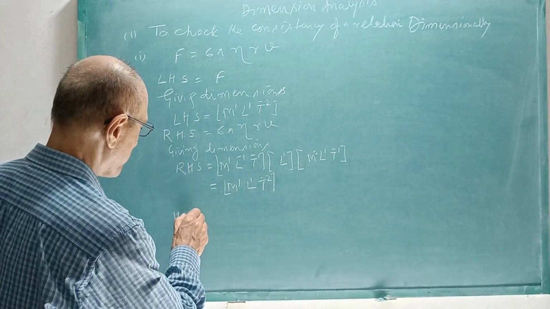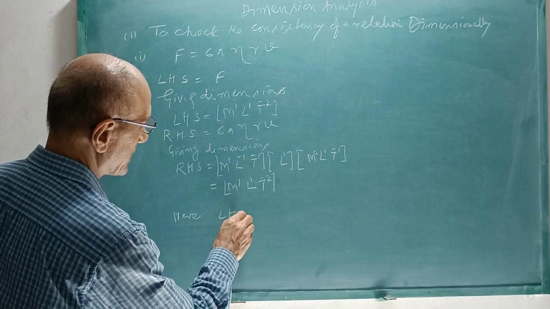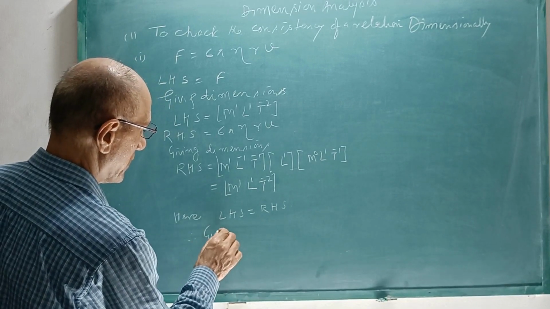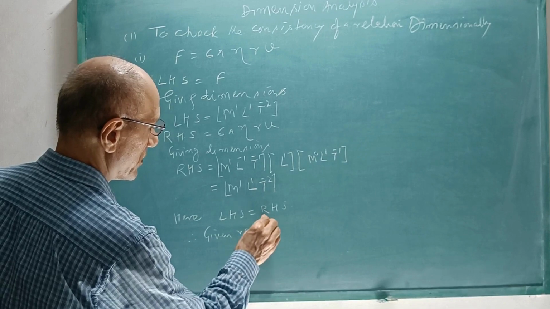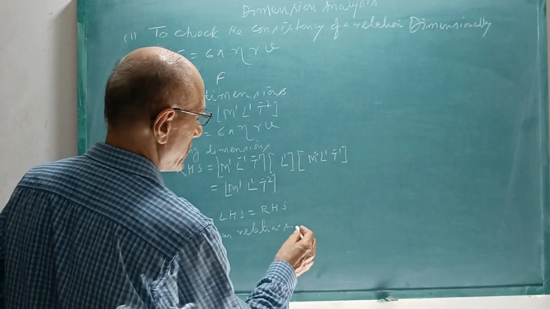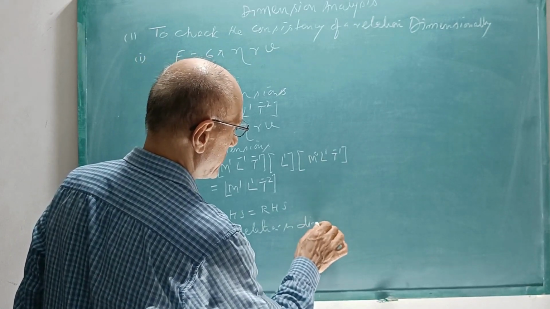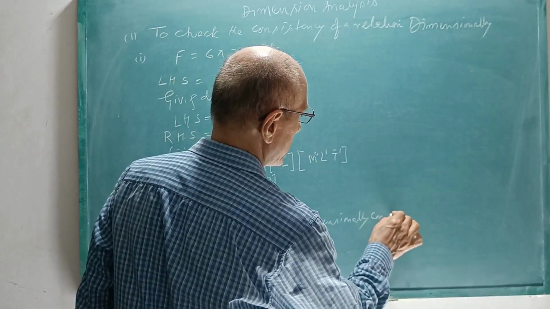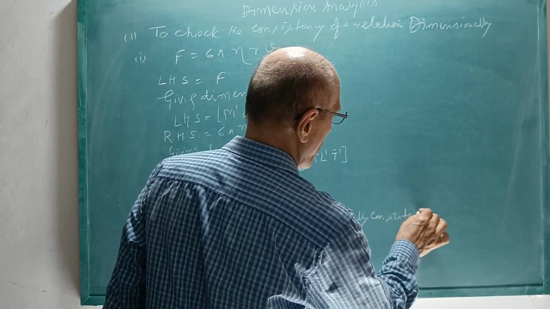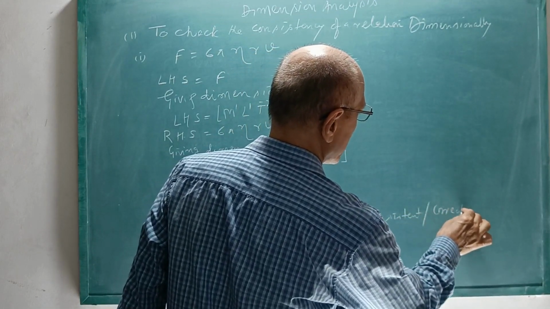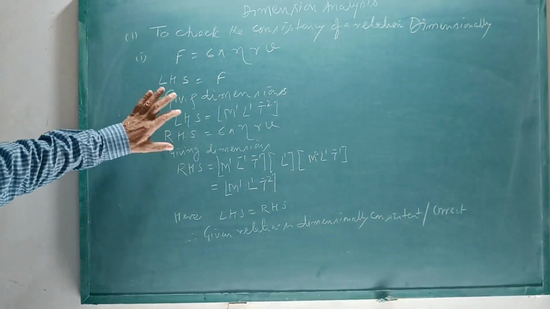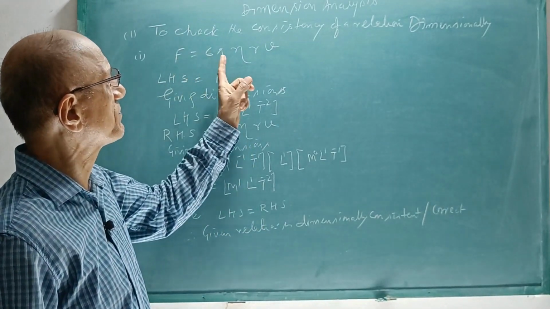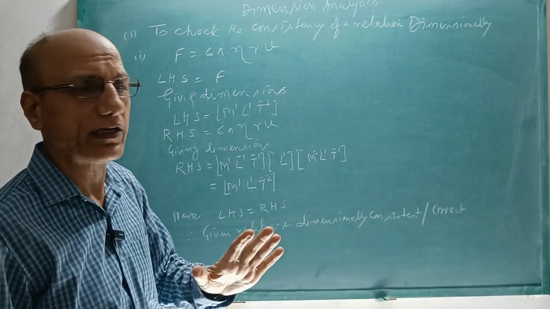So here LHS equals RHS. Therefore, the given relation is dimensionally consistent, or correct.